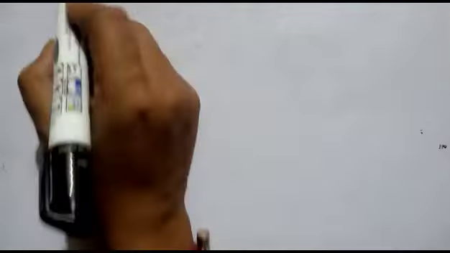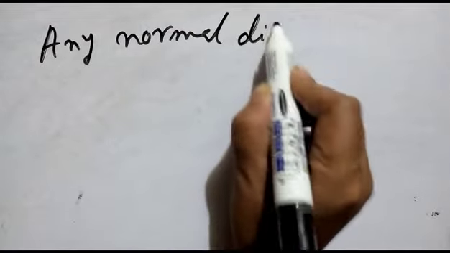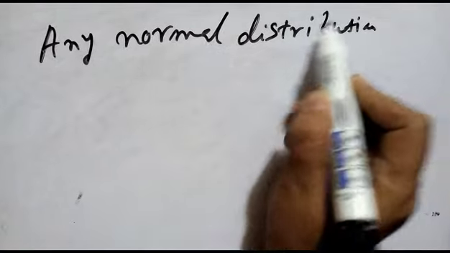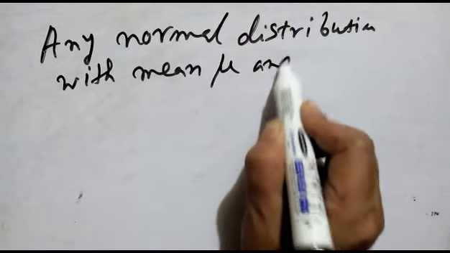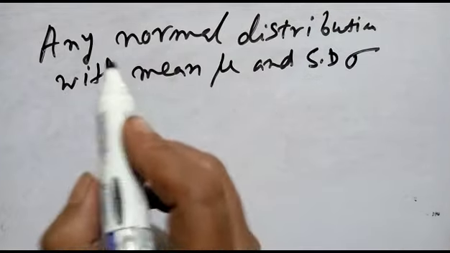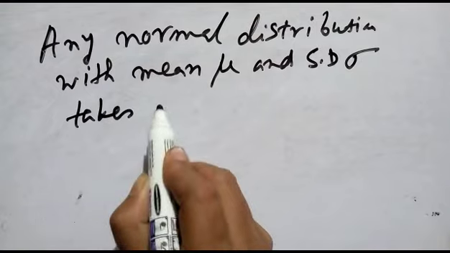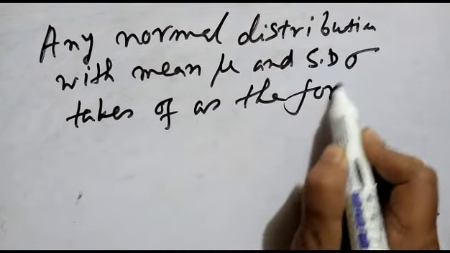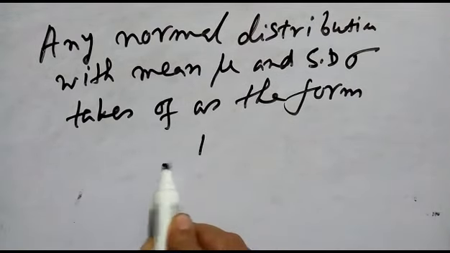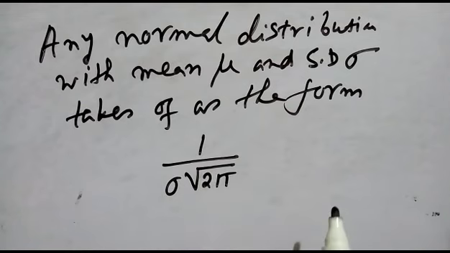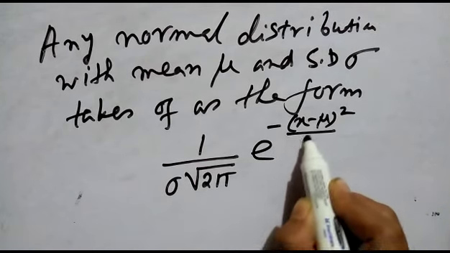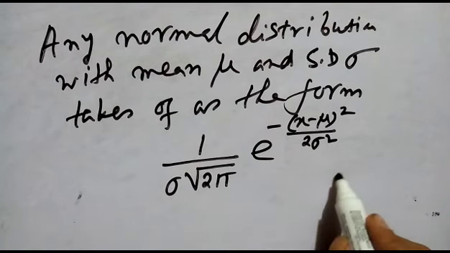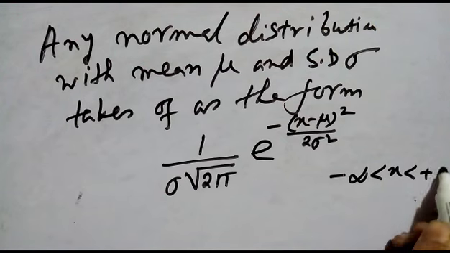Any normal distribution with mean mu and standard deviation sigma takes the form 1 by sigma root over 2 pi, e to the power minus (x minus mu) whole square by 2 sigma square, where x lies between minus infinity to plus infinity.